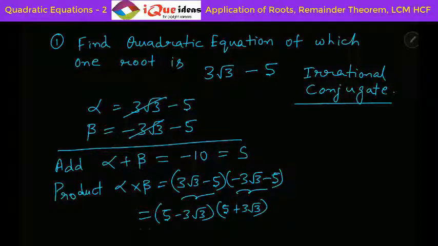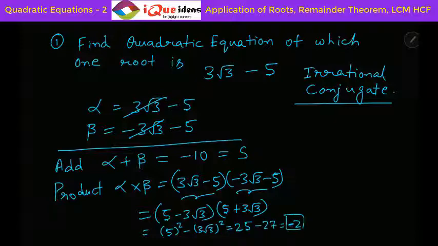If you multiply, it becomes 5 square minus 3 root 3 square. Now 5 square is 25 minus 3 root 3 square will be 3 square is 9 and root 3 square is 3, that is 27. So it is minus 2. So the sum of roots is minus 10 and the product of roots is minus 2.